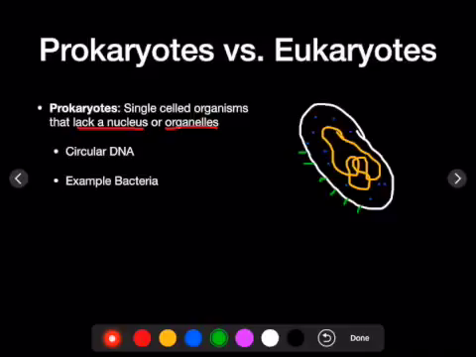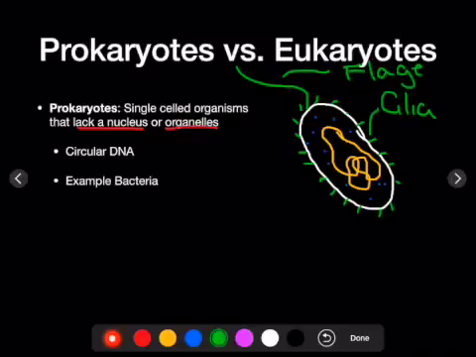They could be numerous and very small and go around the entire cell, or there could be just one big one. These little guys right here are called cilia, tiny hair-like structures that aid in movement. And this big one is called flagella. Again, they move in a whip-like pattern. So again, prokaryotes are very simple. Bacteria is the example we have here.